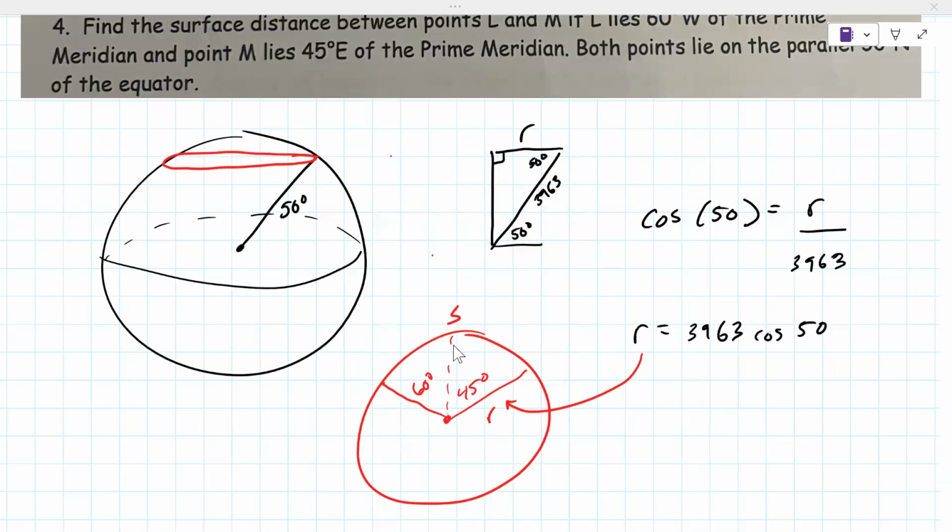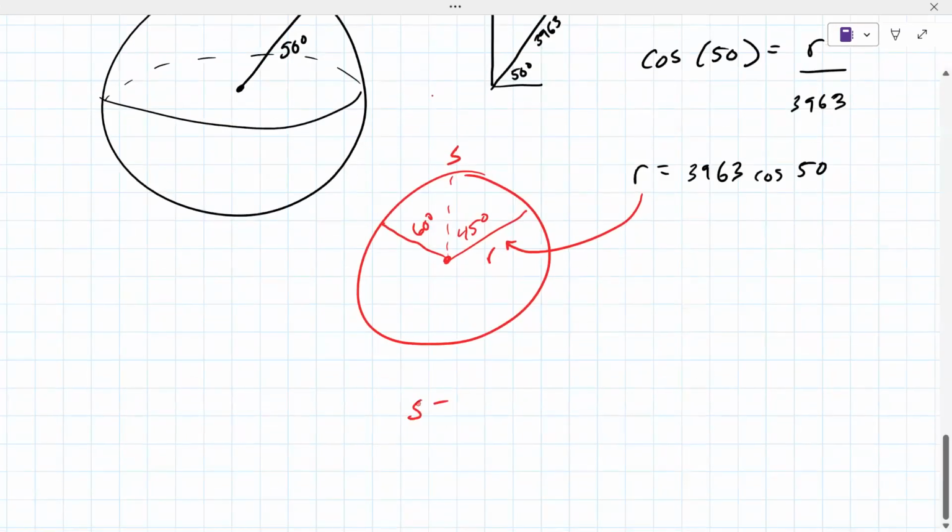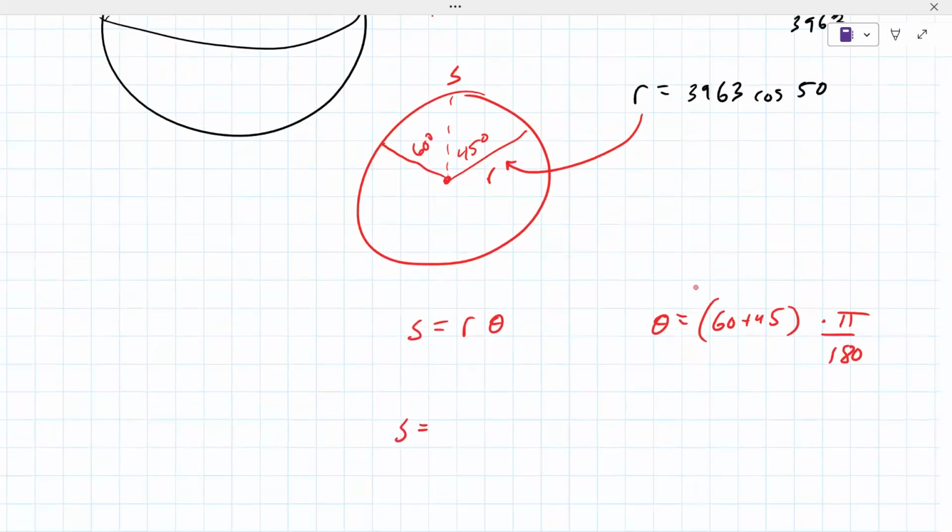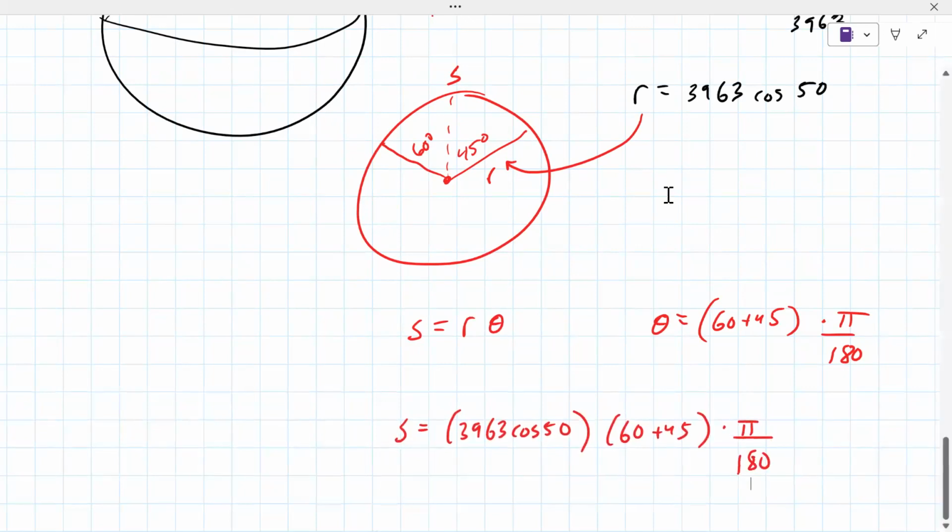This is 105 degrees, so your S equals R theta. Your theta is 60 plus 45 times pi over 180, because you have to convert it to radians. Your radius is whatever this number was here. You can wait till the end to calculate it, or do it in pieces, whatever you're comfortable with.